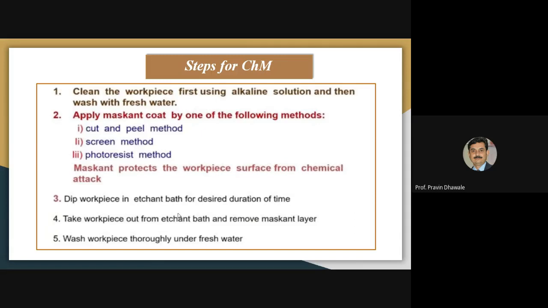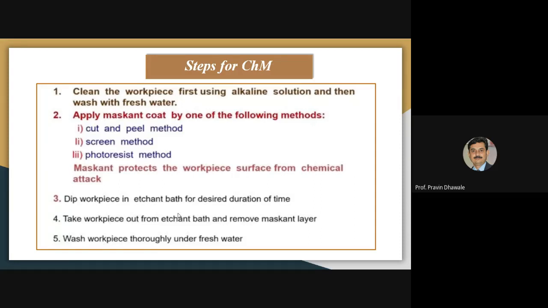The second step of the chemical machining is to provide the coating of the maskant over this workpiece. There are different methods by which we can provide the maskant over this workpiece. First one is the cut and peel method, second one is the screen method, and third one is the photoresist method.